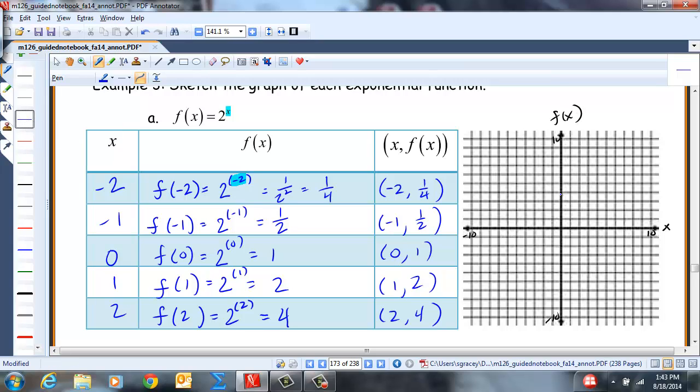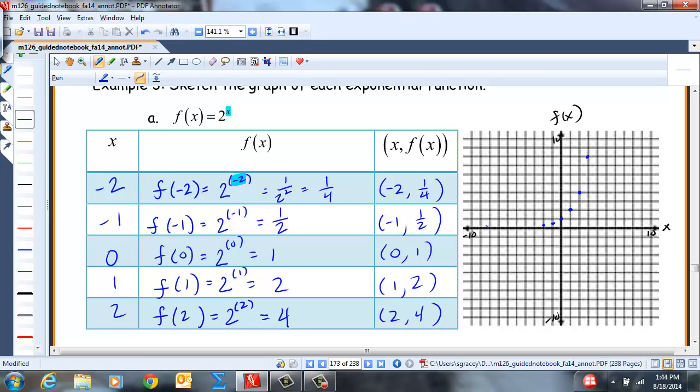So we have negative 2, 1/4 is about here, and negative 1, 1/2, 0, 1, 1, 2, and then 2, 4. And if you wanted to do another one, 3 would give us 2 cubed, which is 8.